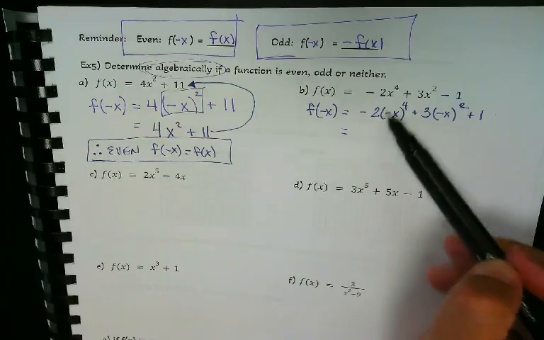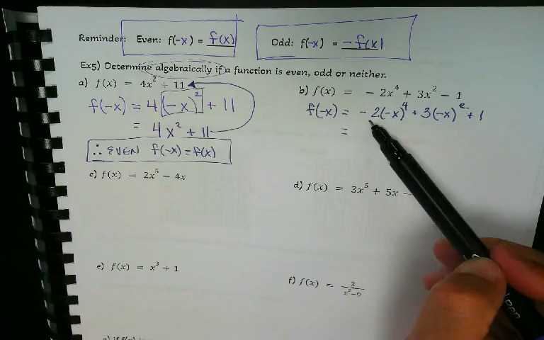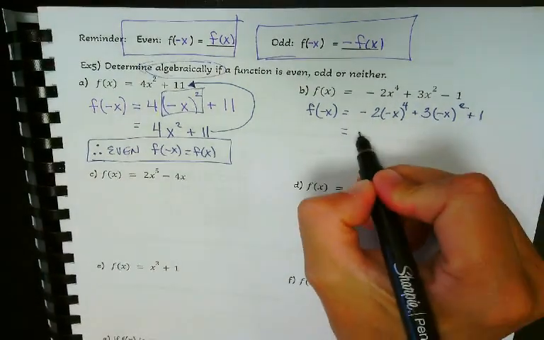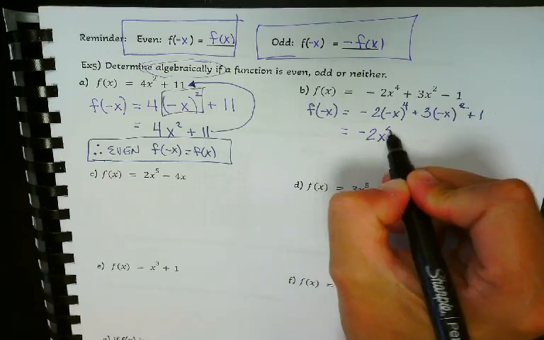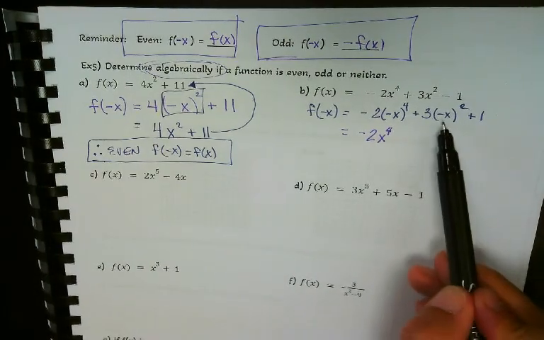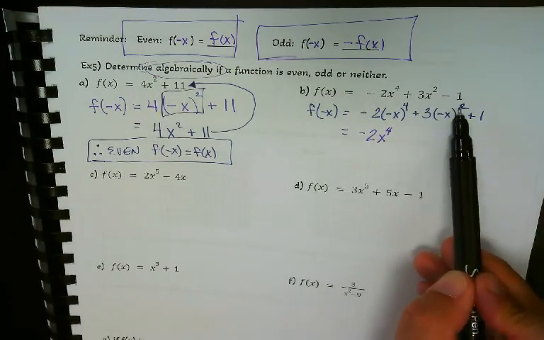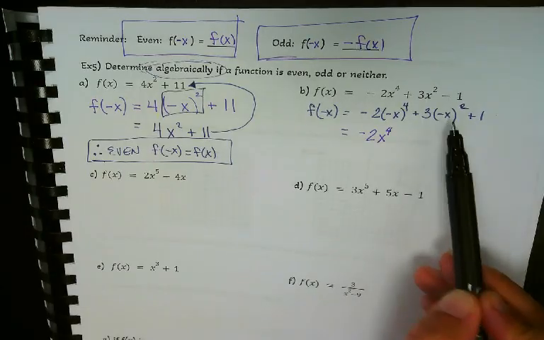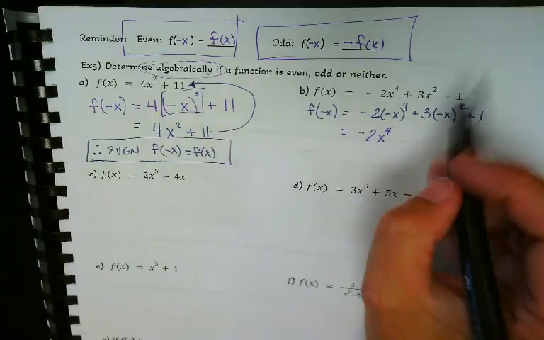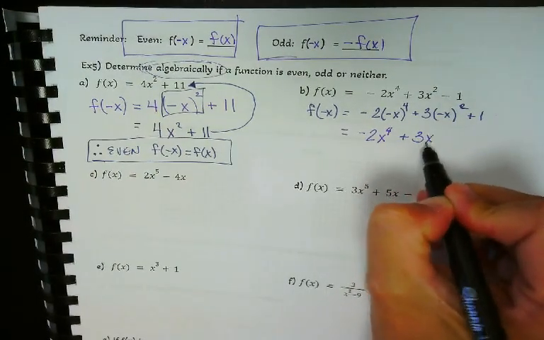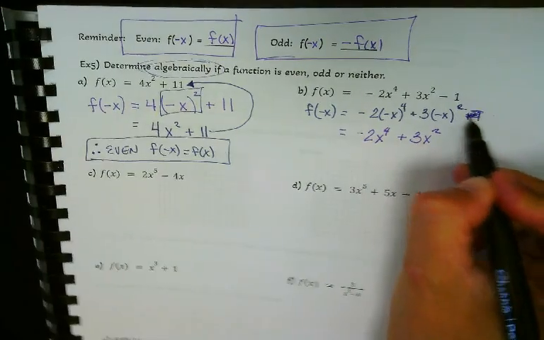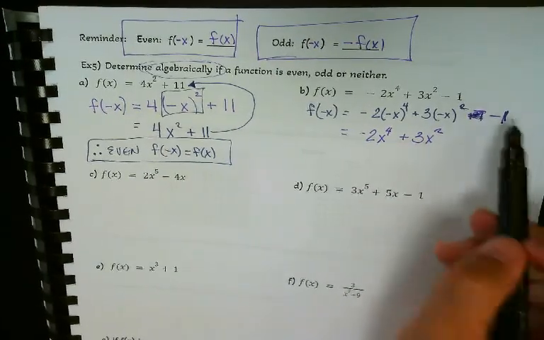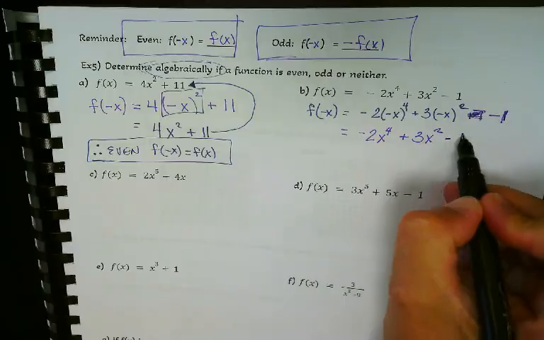So I have positive x to the 4th but I'm multiplying by negative 2. So that's going to be negative 2x to the fourth. If I take a negative x and I square it, I'm always going to get a positive. That's going to be positive x squared times 3. So that's a positive 3x squared. Whoops, somehow that changed to a minus. That should be a minus 1, right? Sorry. And then I have a minus 1.